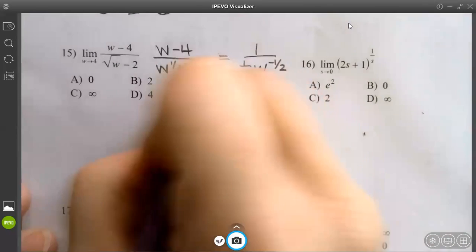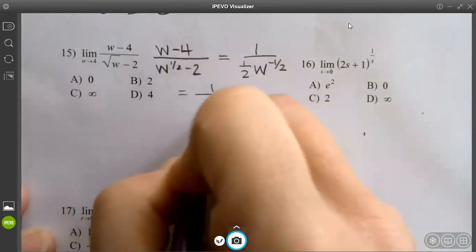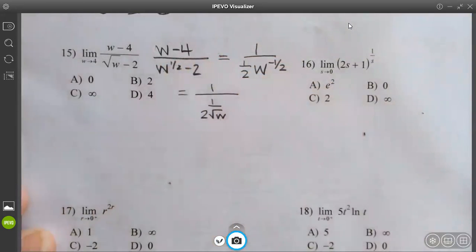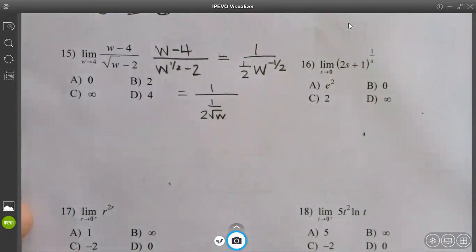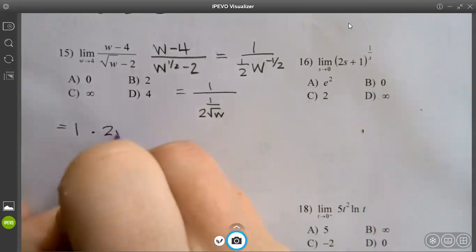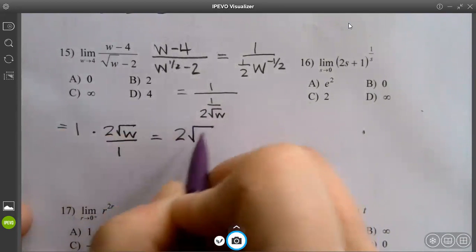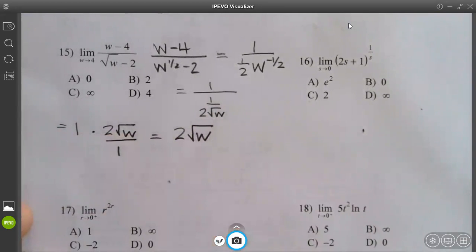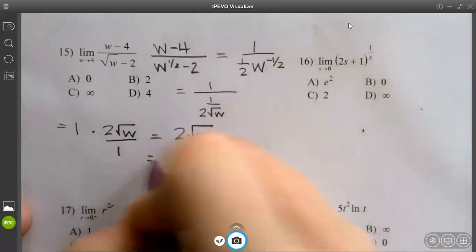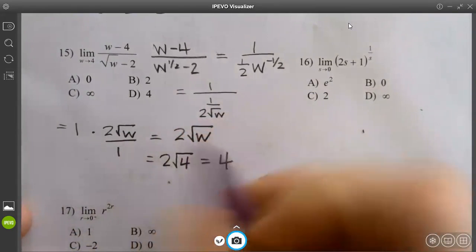Which changes it into 1/2 over the square root of w. We don't divide fractions. We do what? I'm going to take this one and multiply it by the flip, which just gives us 2 square root w. Everybody okay with that? What is w? What's the square root of 4? Times 2 is 4.